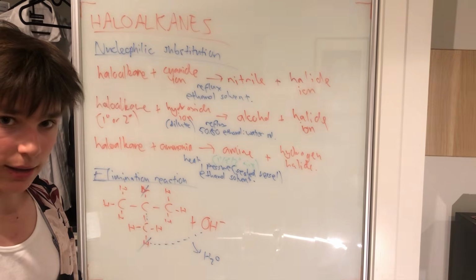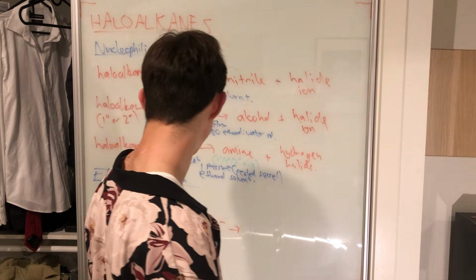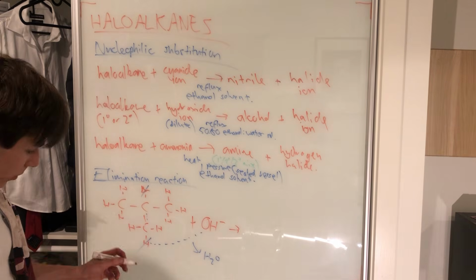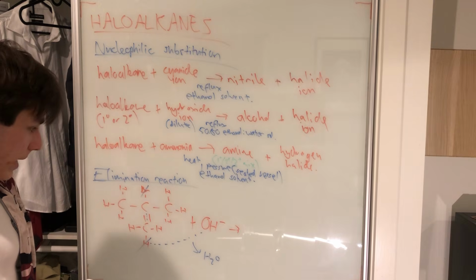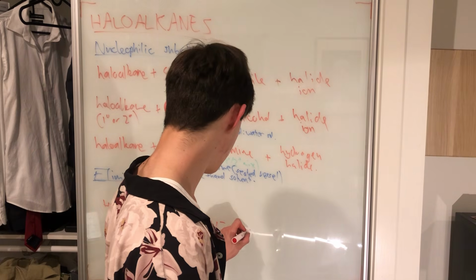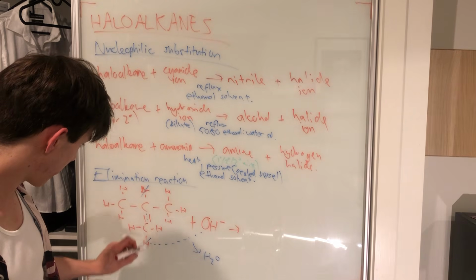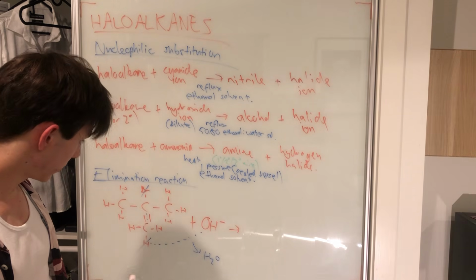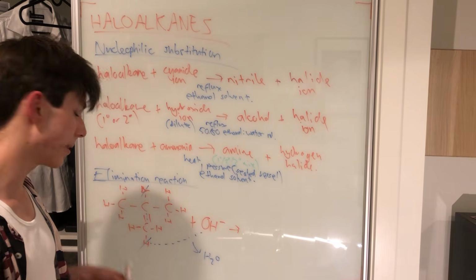Because where is the hydrogen atom going to go? Now on the other side, what have we just formed? Well, we've formed an alkene. So it's going to give us an alkene, which would be 2-methylpropene.